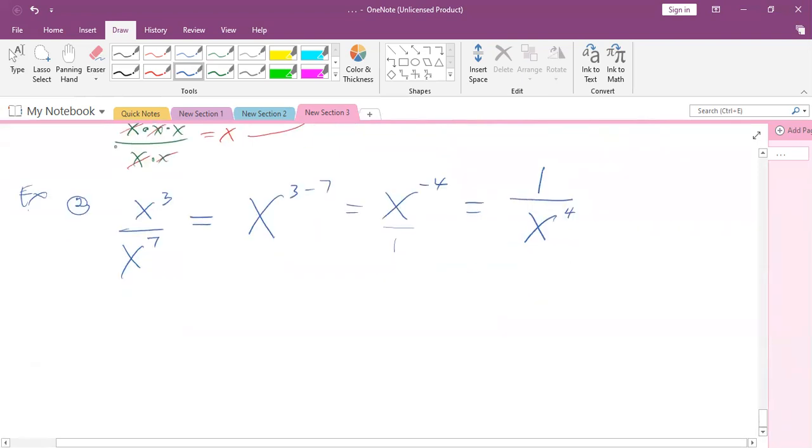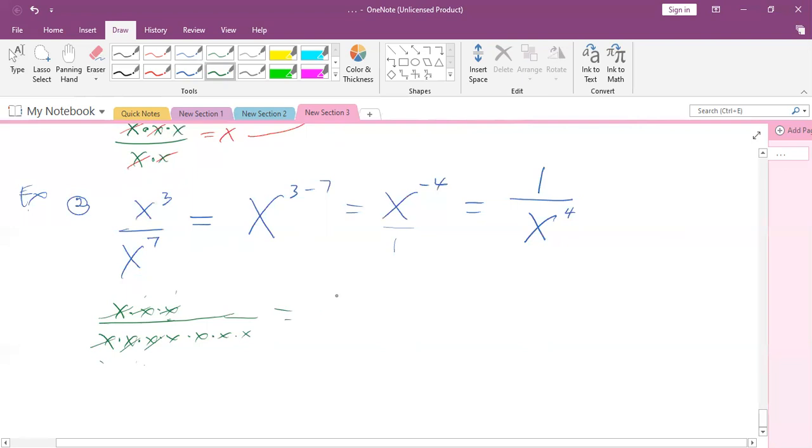So what does this mean? Let's break it down and see. x cubed is x times x times x over x times x times x times another x, 7 of them: 1, 2, 3, 4, 5, 6, and then 1 more. So see that this x will cross out, cross out, cross out. So you have 1 left, 1, 1, 1, right?